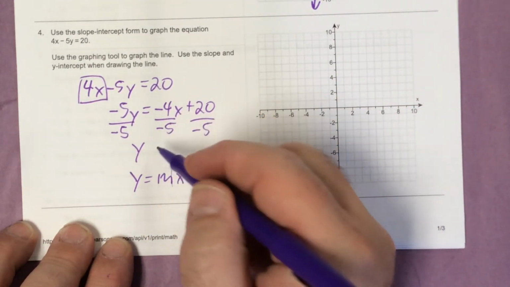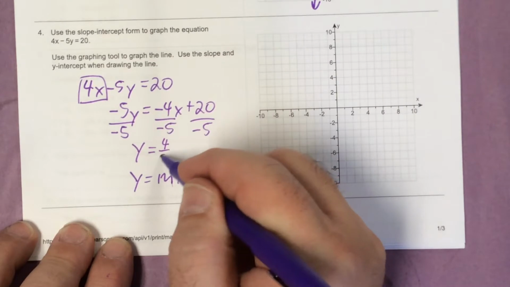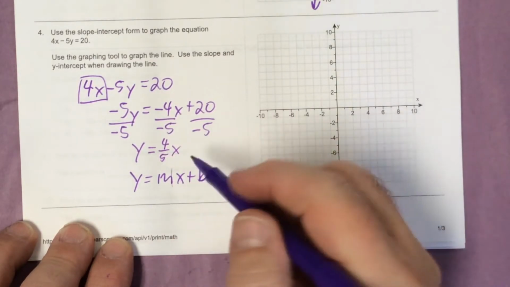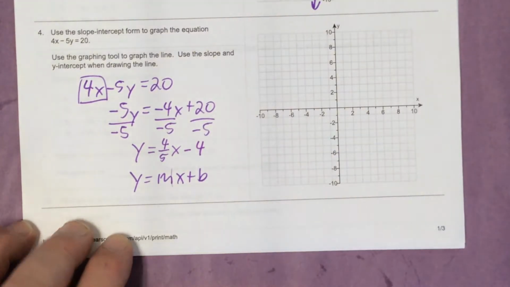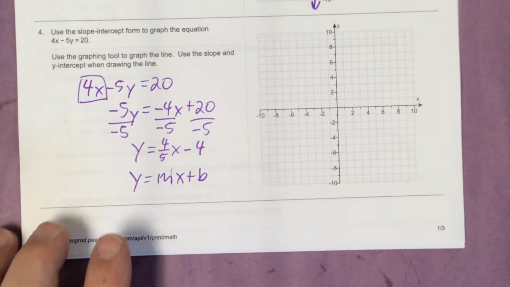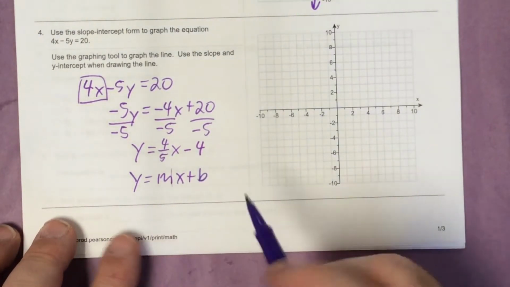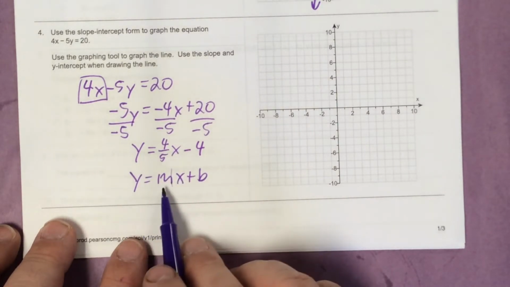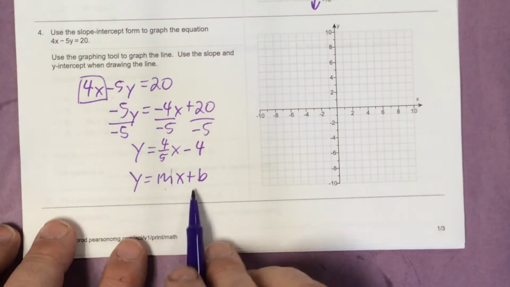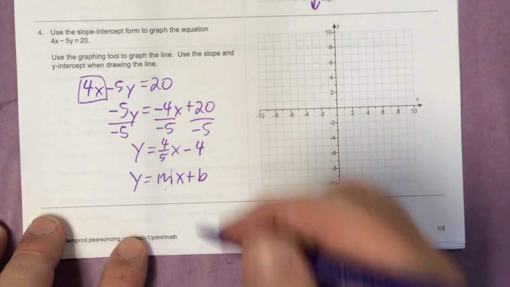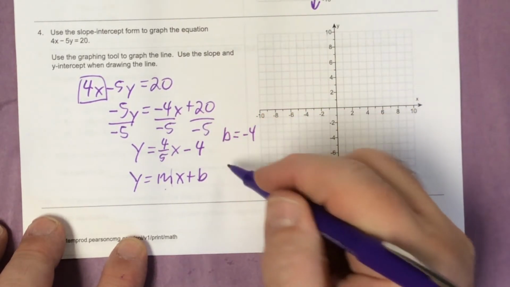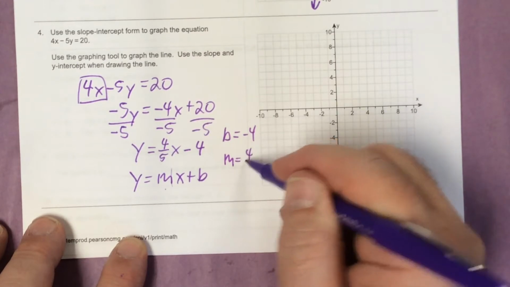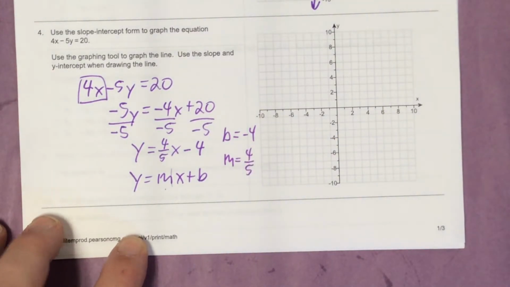Negative 4 divided by negative 5 will give me 4/5 x. And then 20 divided by negative 5 is going to give me negative 4. Now we have this equation written in slope-intercept form, where m is equal to 4 over 5 and b is equal to negative 4. So go ahead and make a note of that over here. We have b is equal to negative 4, and our slope is equal to positive 4 over 5.